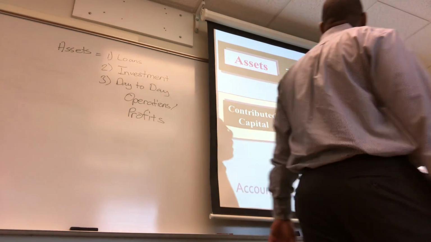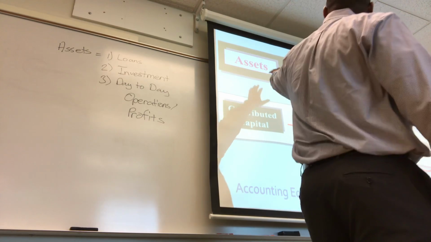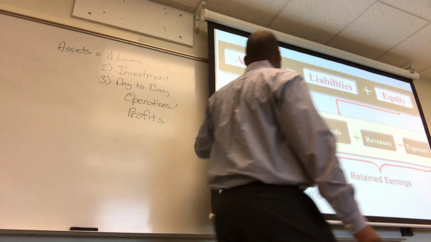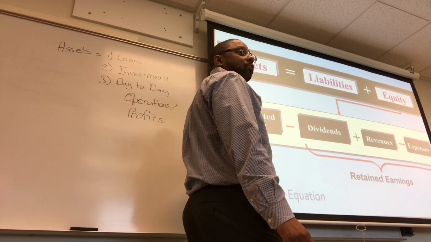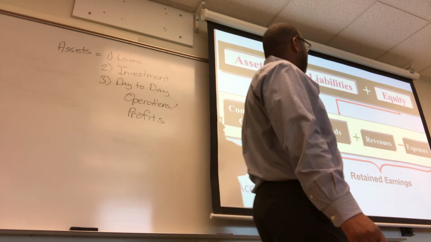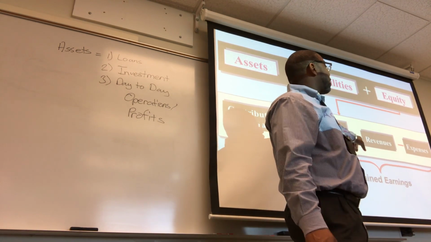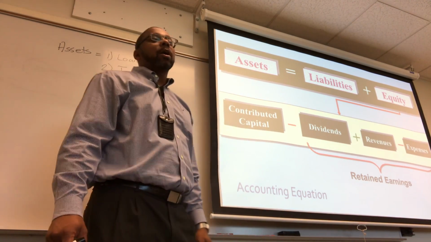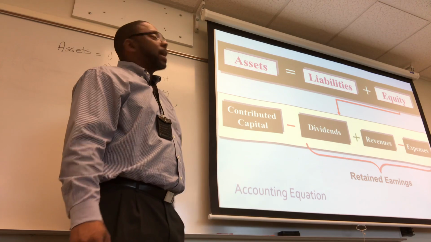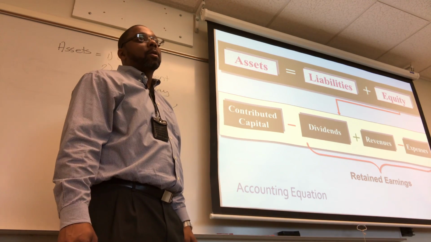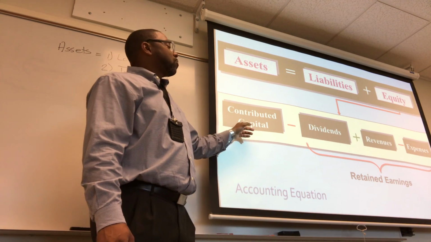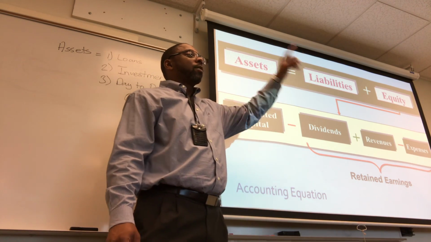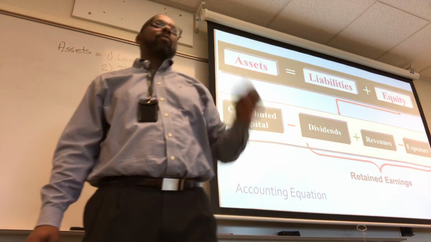The long accounting equation is assets equals liabilities plus contributed capital minus dividends plus revenue minus expenses.